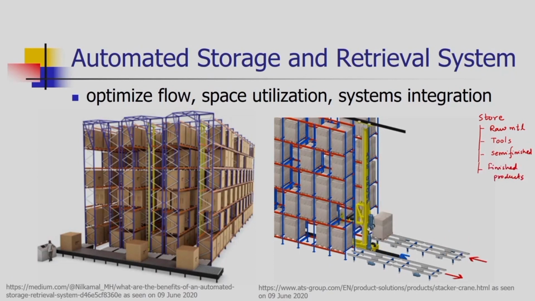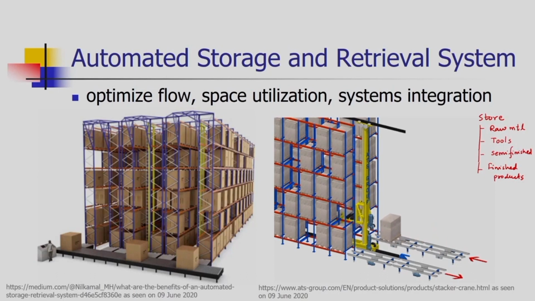When the quantity or volume of these is very high, manual handling of all these materials or commodities is very difficult. So, for that purpose we are taking help of the stacker crane and a storage device. A typical automated storage and retrieval system is shown on your screen.